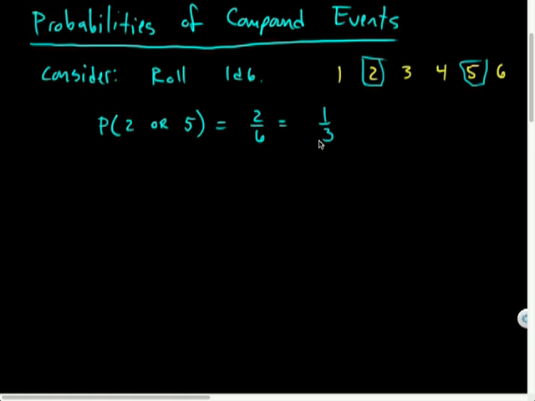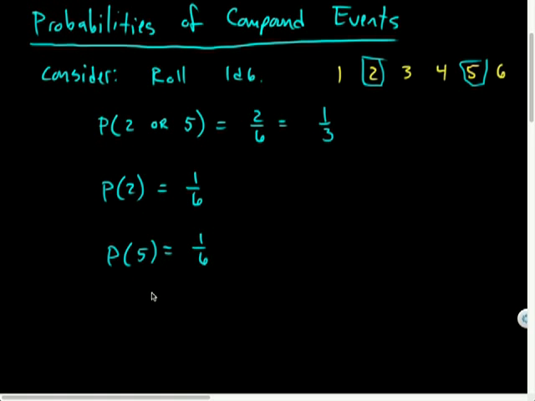But consider this. What is the probability of rolling a plain old 2? Right, there's a single 2 there, so that's a 1 out of 6 chance. And the probability of rolling a 5 is a 1 out of 6 chance.